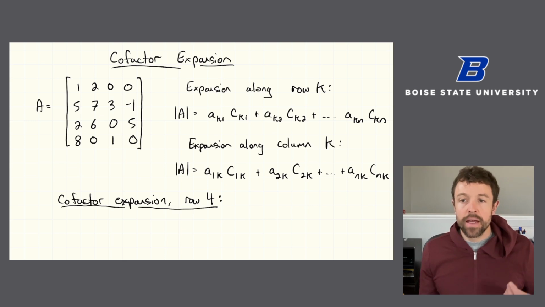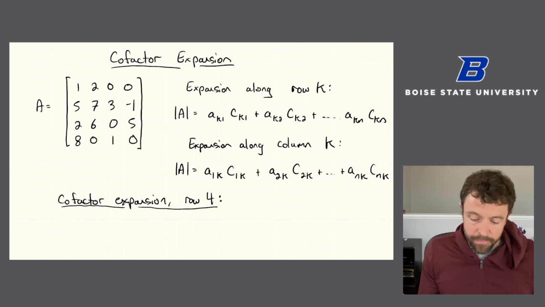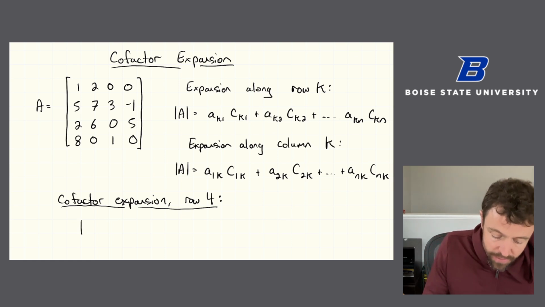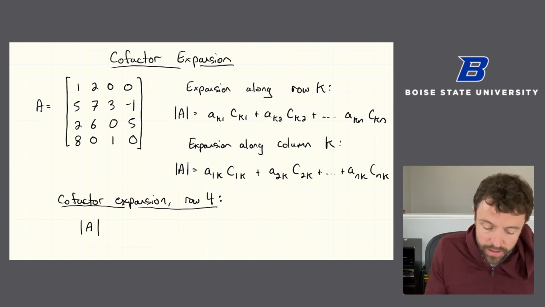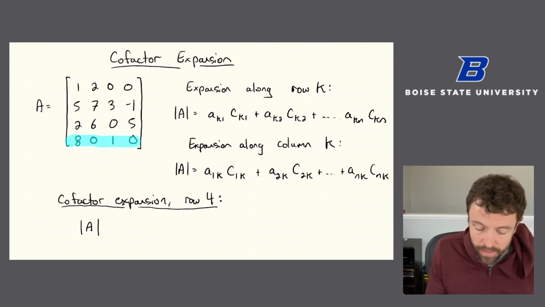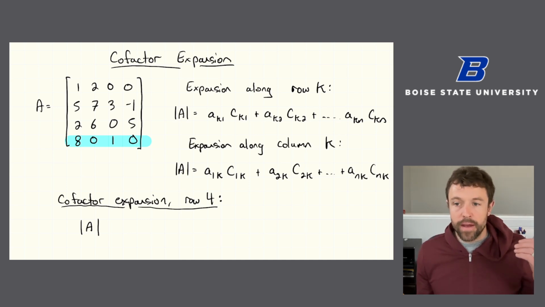What does this formula say? This formula says that if I want to figure out the determinant of A, I'm working along row 4 here. I'm going to go from left to right across this row.